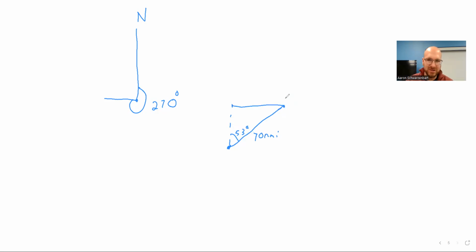35 knots for 3 hours. This has a bearing of 143. So again, I'm going to put in due north. And then I'm going to subtract 90 off that. And oh, it's 53 again? That's almost surprising. I didn't realize that. Yeah, they got 37 down there.